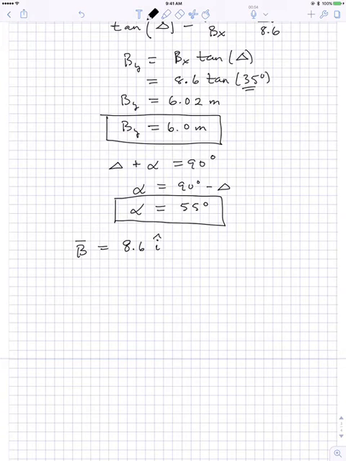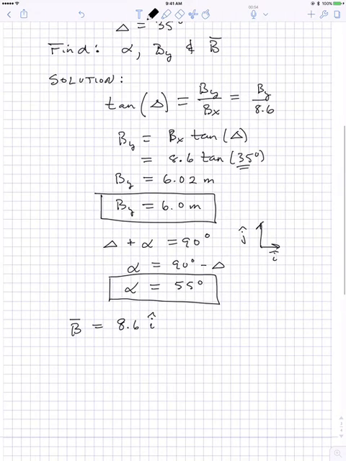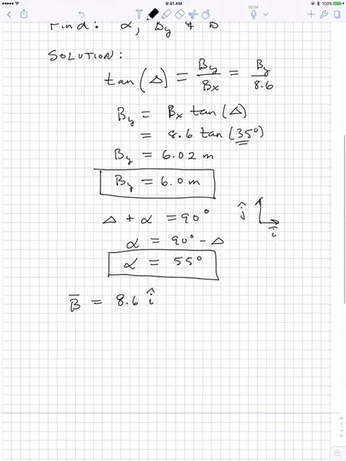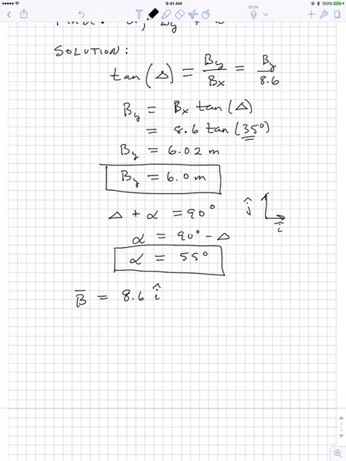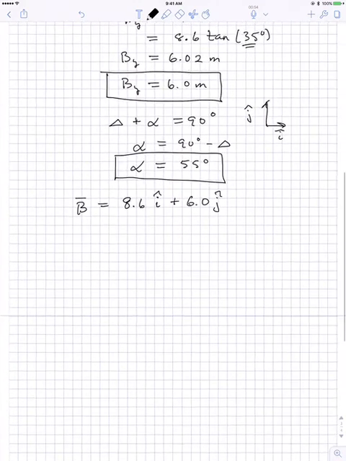Hopefully you're familiar with that notation, that if you're looking for a vector in the x direction, the unit vector in the x direction is called i hat. The unit vector in the y direction is called j hat. Okay, so this would be 8.6 i hat, plus 6.0 j hat. All right, so that would give us the vector.